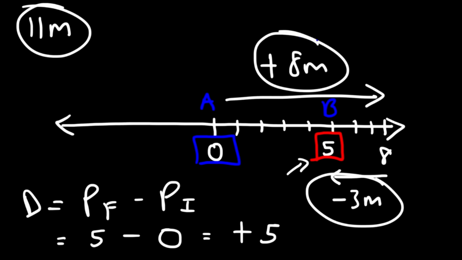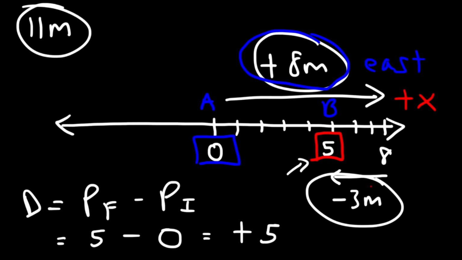During the first part of his trip, his displacement was positive 8. The magnitude is how far he traveled, which is 8 meters. The direction is he's traveling east, and so we have a positive sign for going in an eastward direction. Anytime you're going towards the right, you're going in the positive x direction, so the displacement is positive.